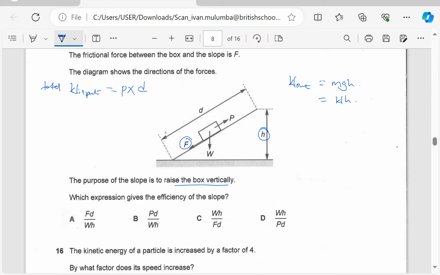So this is the work input, P times D. This is the work output. So it means the work done against the friction is wasted. So we don't need it in the next part.